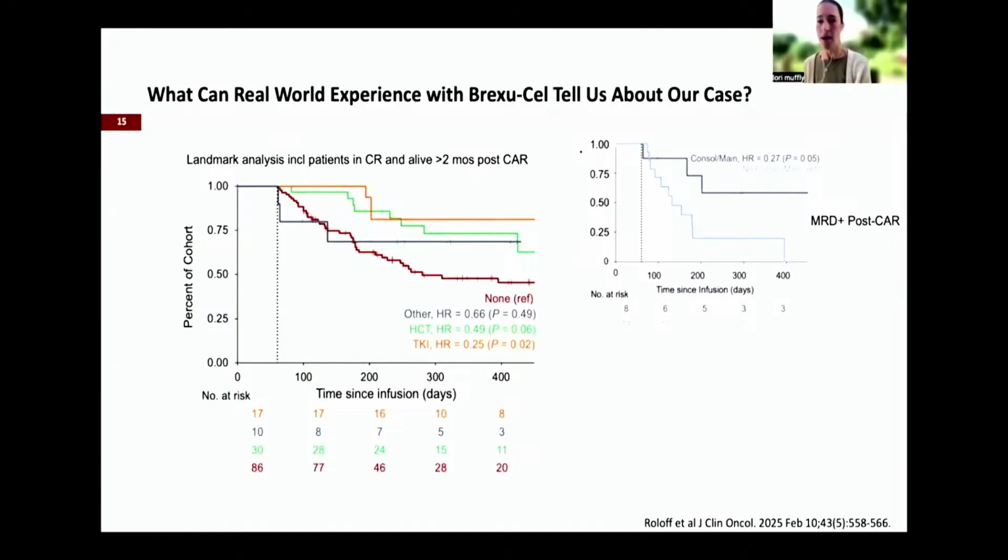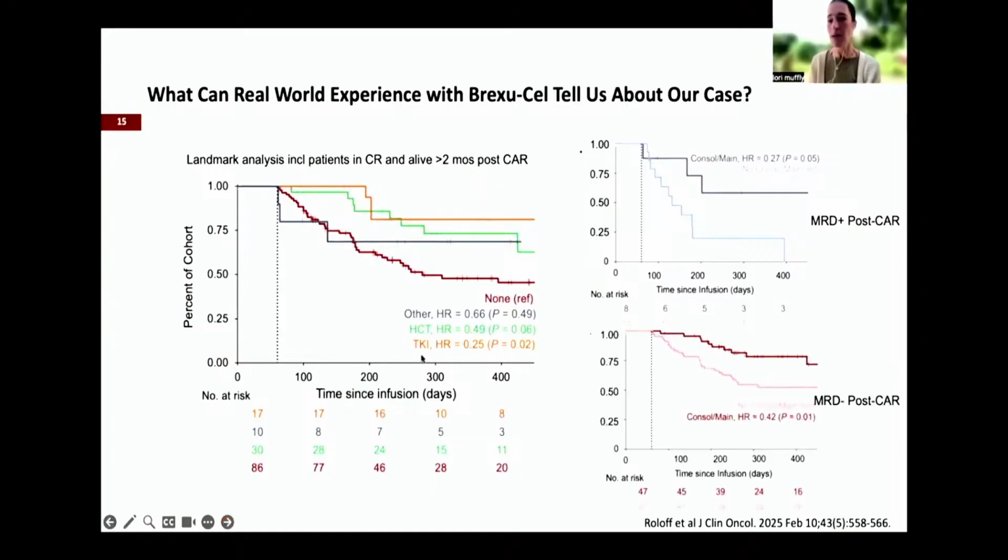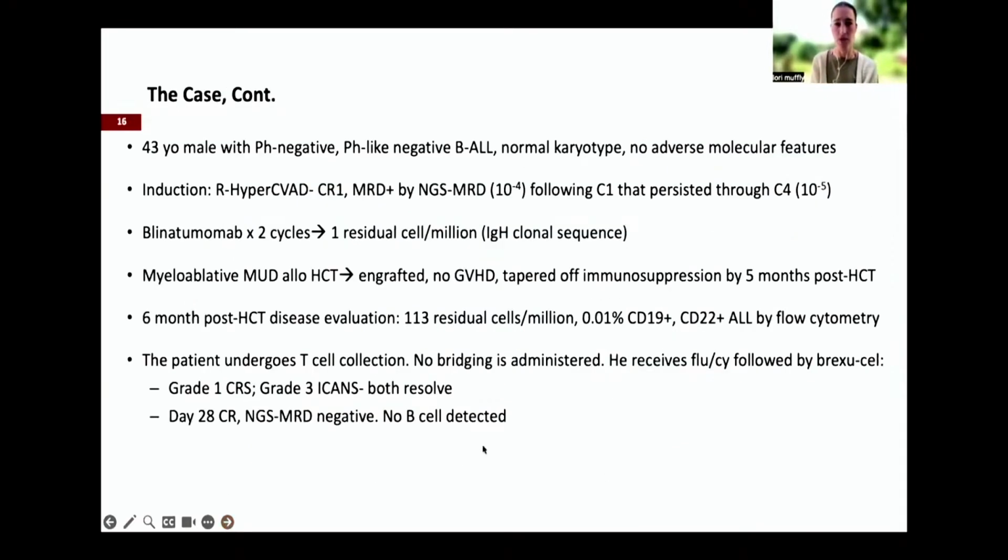And we saw that the use of consolidation or maintenance was improved in patients who were MRD positive post-CAR, as shown in this figure, as well as in patients who achieved an MRD negative response to CAR, really strengthening the point that with this CAR, at least, the use of consolidation or maintenance, be it transplant or TKI, seemed to associate with improved progression-free survival.